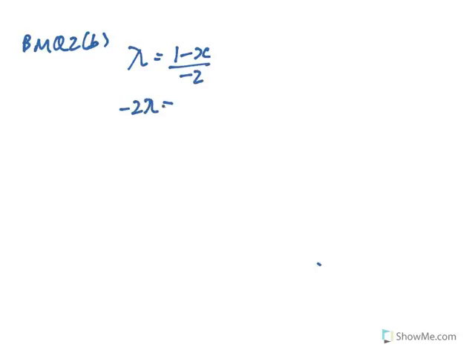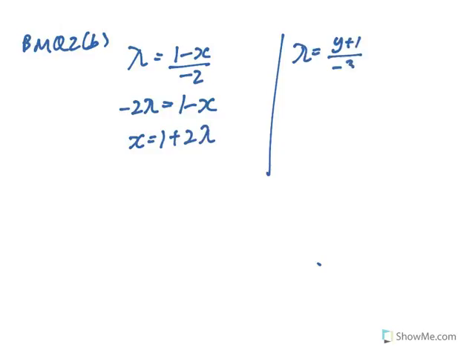If you work backwards, how we get a Cartesian equation is that we make lambda the subject. So based on BMQ 2b, lambda is equal to (1 minus x) over negative 2. This means that negative 2 lambda equals 1 minus x, and x equals 1 plus 2 lambda. Next, lambda is equal to (y plus 1) over negative 3, so negative 3 lambda minus 1 equals y.